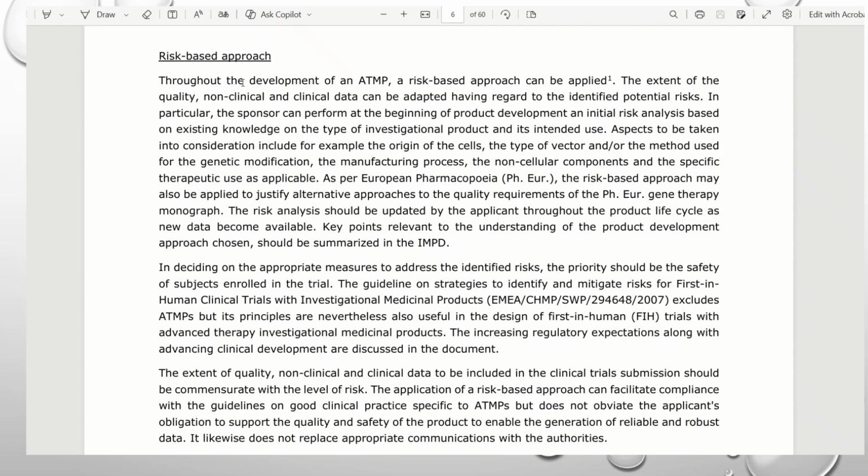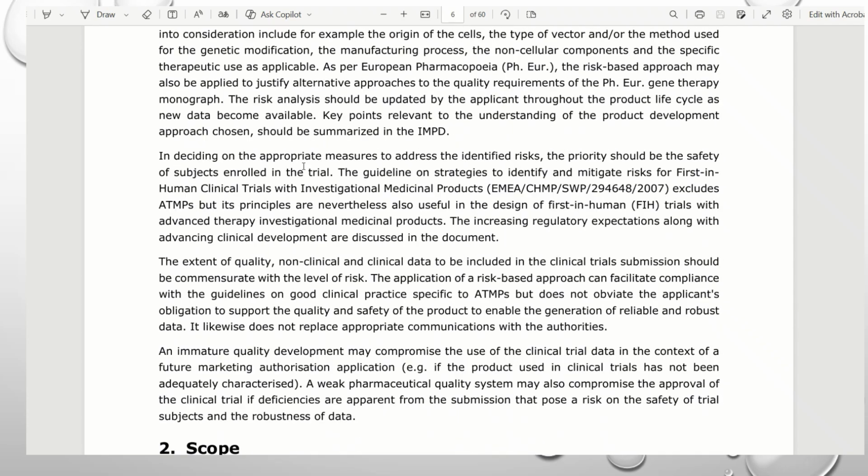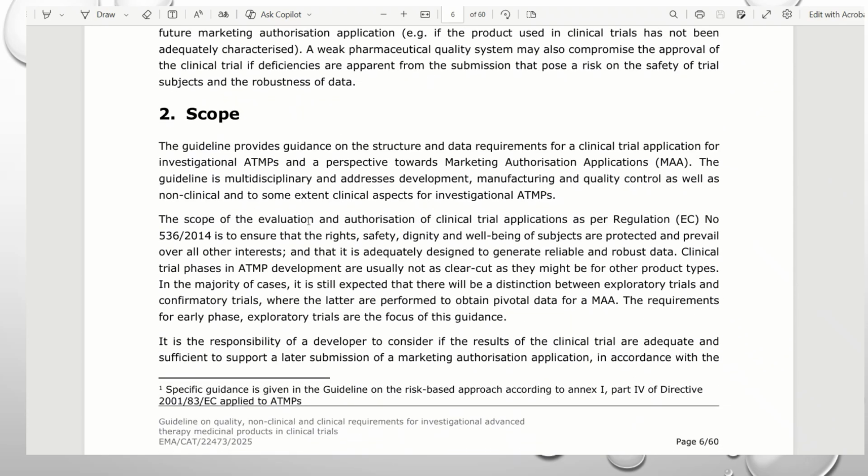Therefore this is the purpose of the risk-based approach: we have to look at the information we're providing, and it has to be proportionate, and the extent of information has to deliver documented information for assessment of quality, safety, and efficacy. Yeah, and that's what this risk-based approach is about.